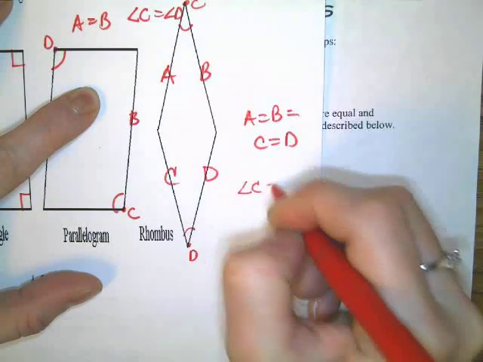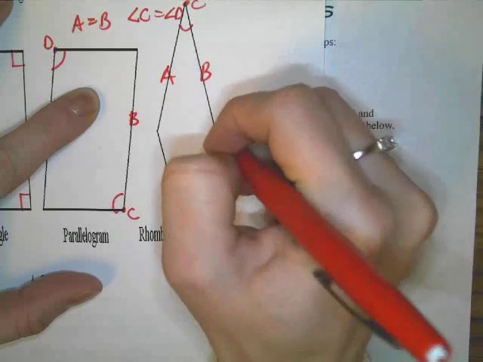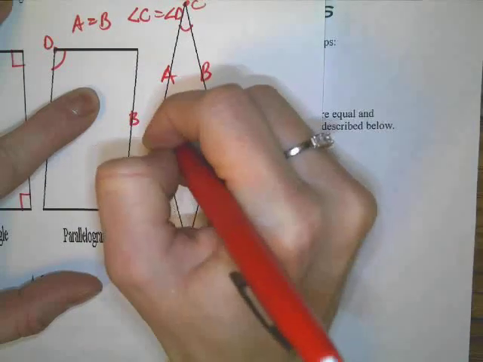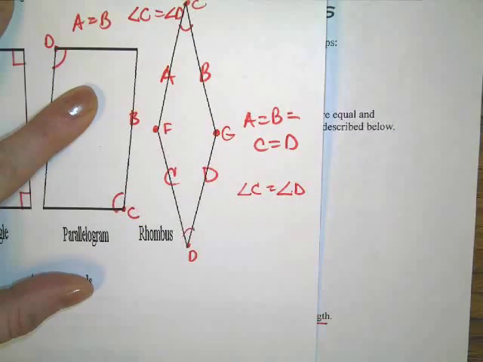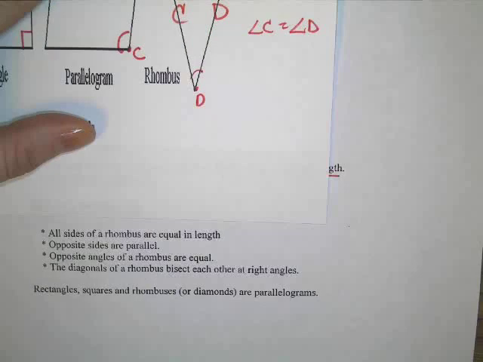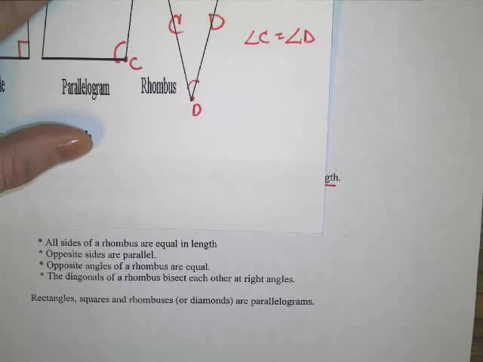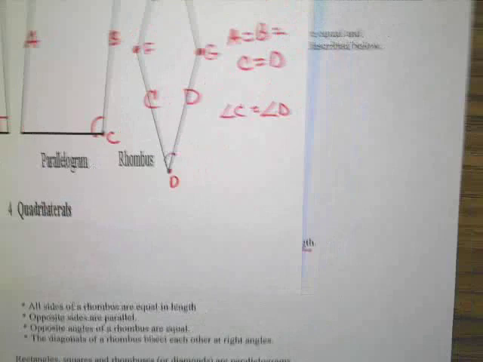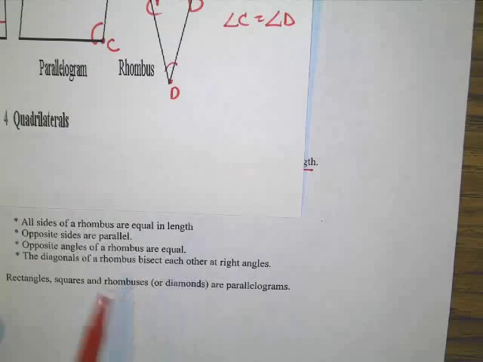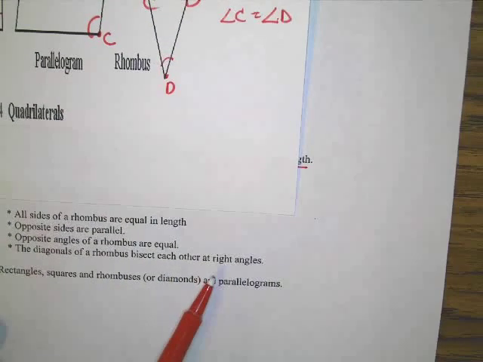So angle C equals angle D. And what do F and G equal? Angle F and angle G. You can't really tell on my drawing. So the diagonals of the rhombus bisect each other at right angles.